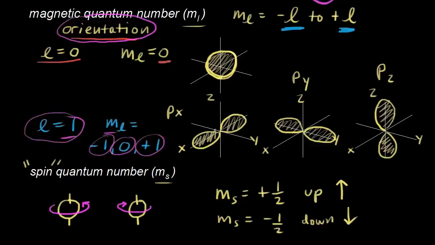Again, electrons aren't really spinning in a physical sense, but if you think about two possible ways for an electron to spin, then you get these two possible spin quantum numbers: positive 1/2 or negative 1/2. So those are the four quantum numbers, and we're going to use those to think about electrons in orbitals.